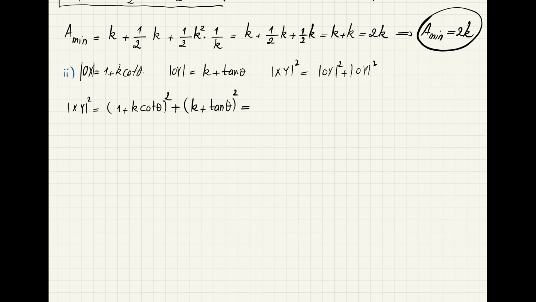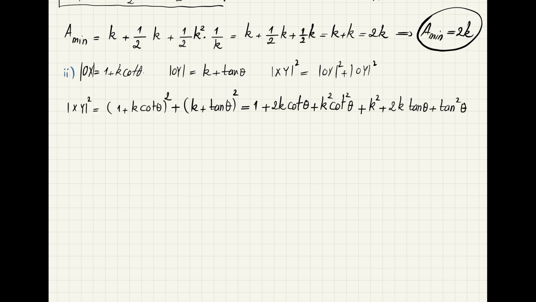So this is the first one to the 2, which is 1, then 2 times the first one times the second one, which is 2k cotangent of theta, and the second one to the 2, which becomes k squared cotangent squared of theta. The second quadratic rule is k squared plus 2 times the first one times the second one plus the second one to the power of 2.